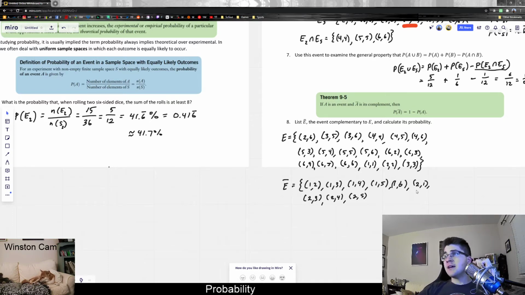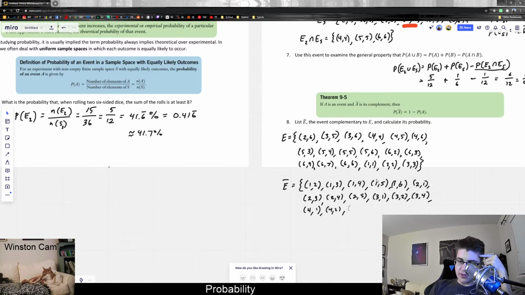up to 8. And I also noticed the pattern that there's 5 that start with 1, 4 that start with 2, and so there should be 3 that start with 3. I would have 3, 1, 3, 2. 3, 3 is no good though, but 3, 4 is. I would have 2 that start with 4, so I would have 4, 1, 4, 2, and actually 4, 3.